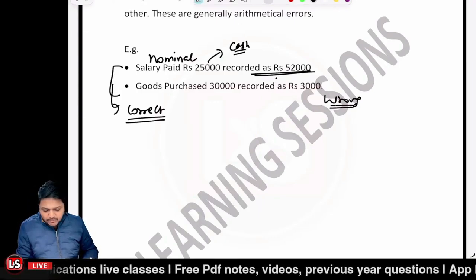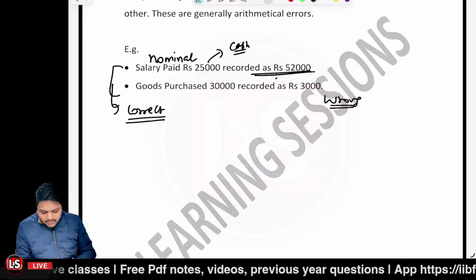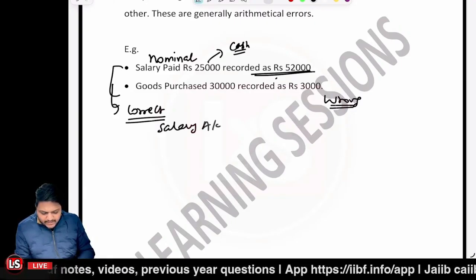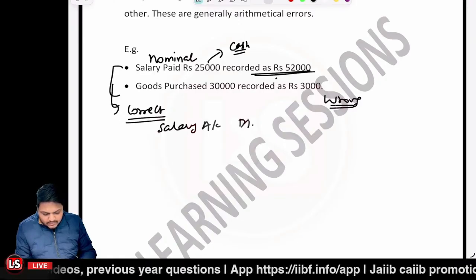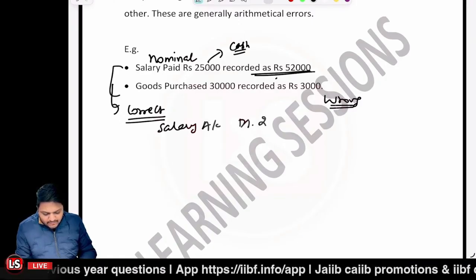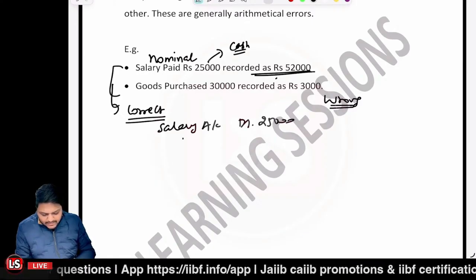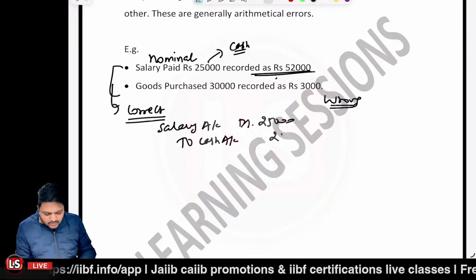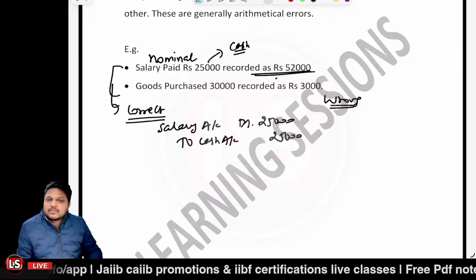So the correct entry would be that the salary account is to be debited by rupees 25,000 and cash account is to be credited with the same amount of rupees 25,000, right?